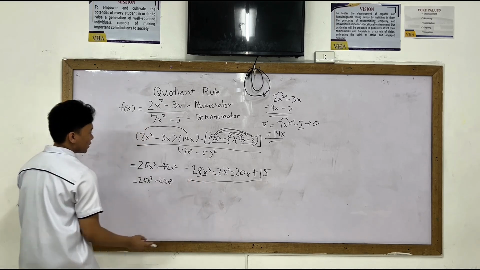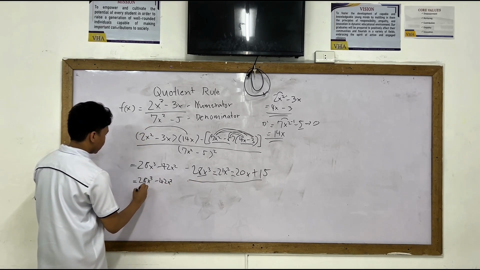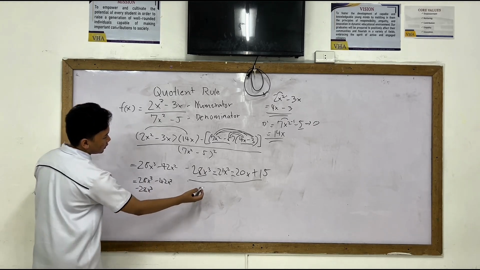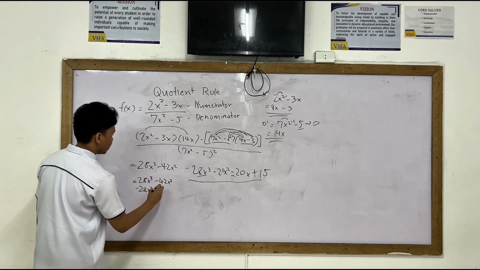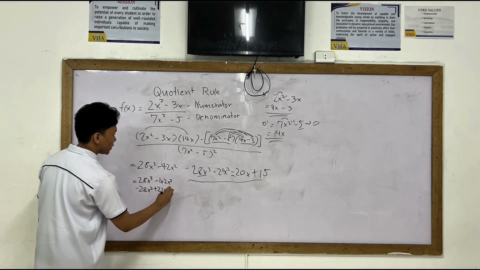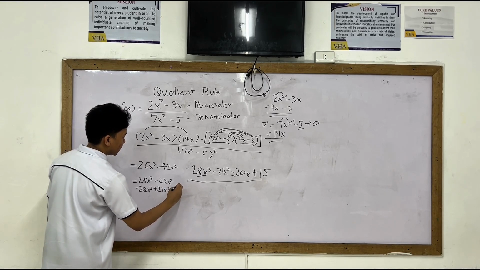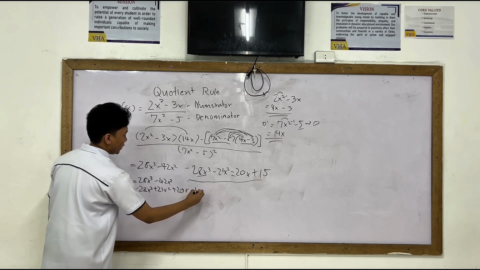So this 28x will be negative 28x³, and this negative will be positive 21x², and plus 20x minus 15.